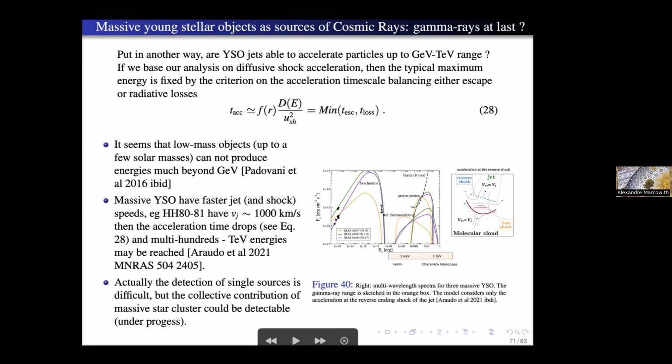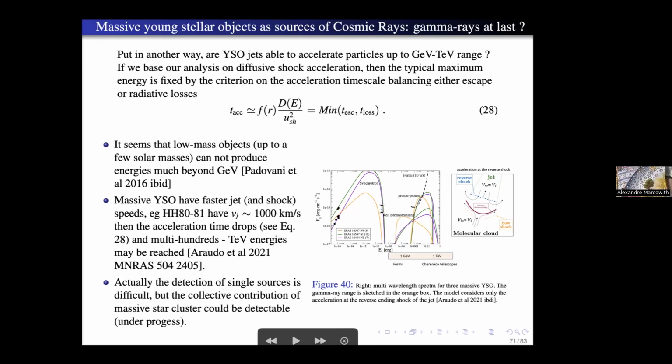So typically you can get higher energies in this object because the shock is faster, and then you can reach not a few GeV, but eventually TeV. And this is interesting because then it can be constrained from gamma ray observation.